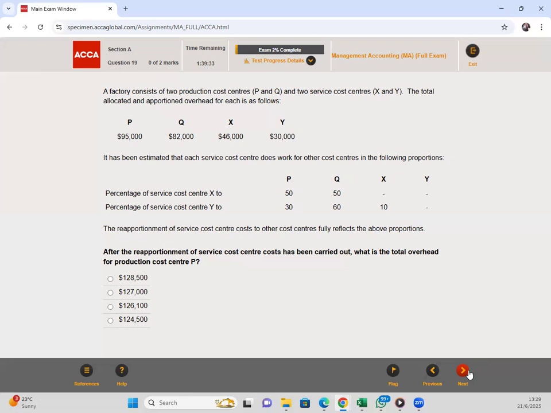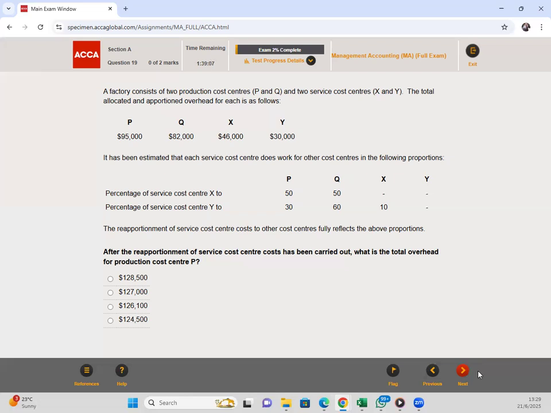So remember, overhead analysis, apportionment of overheads over the cost centers. So how should we apportion the overheads in this particular instance?